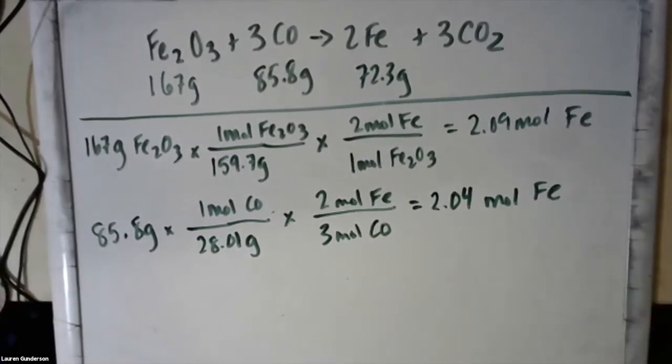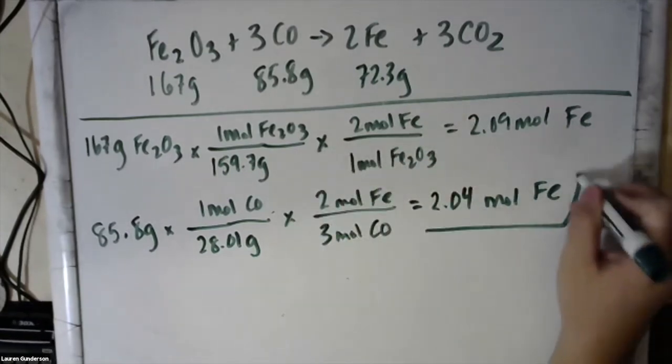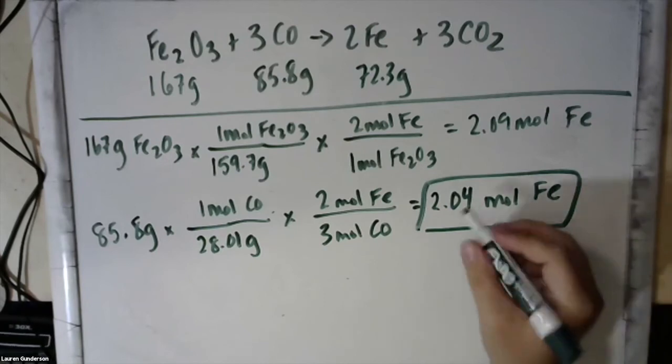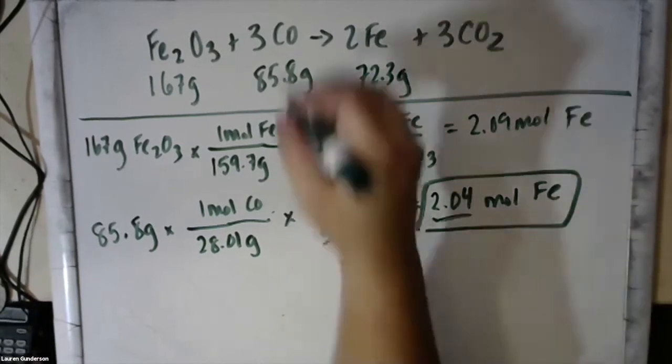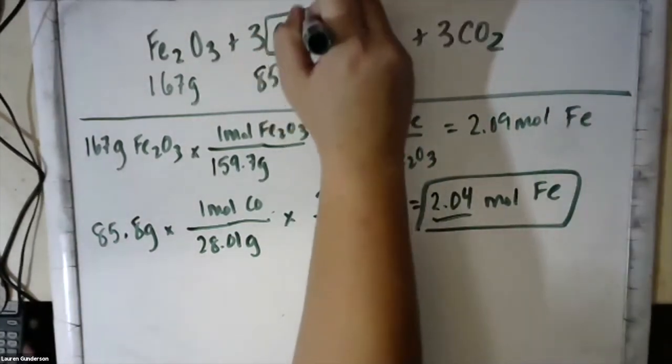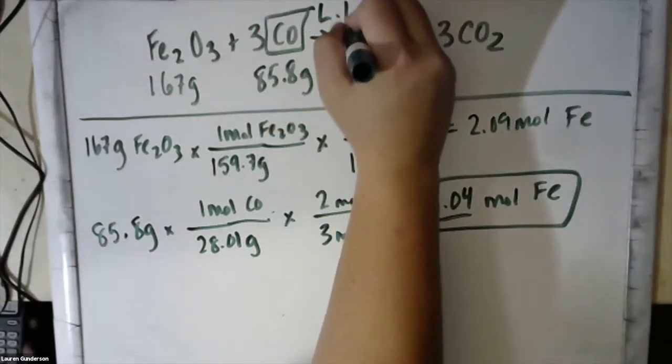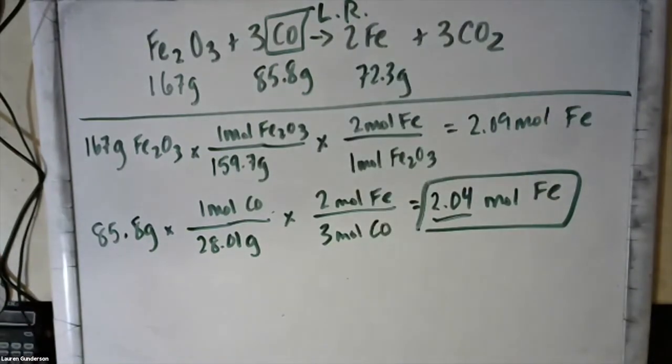Okay, so when we compare these two values, we see that this is the smaller of the two values. So this number will be our theoretical yield in moles. That means that carbon monoxide is our limiting reactant. Okay, and that means that we'll have some Fe2O3 in excess.